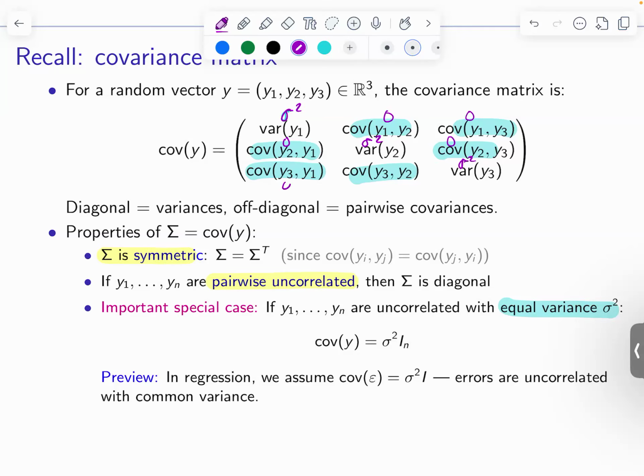I can factor out one sigma squared, and then I get 1, 0, 0, 0, 1, 0, 0, 0, 1, so basically an identity matrix of dimension 3. In general, you would get sigma squared times the identity matrix of dimension n by n.